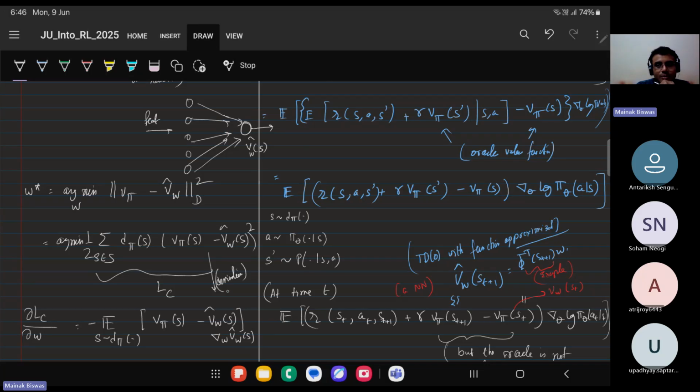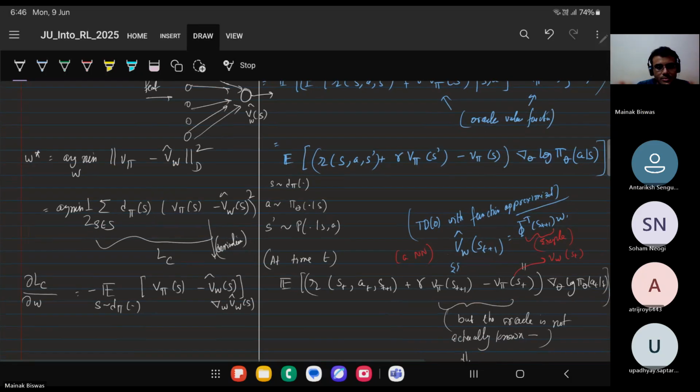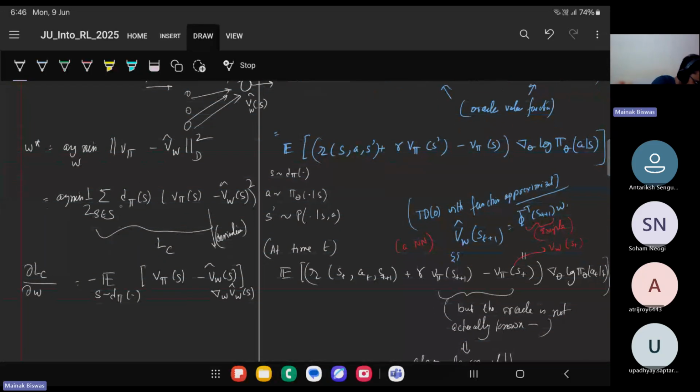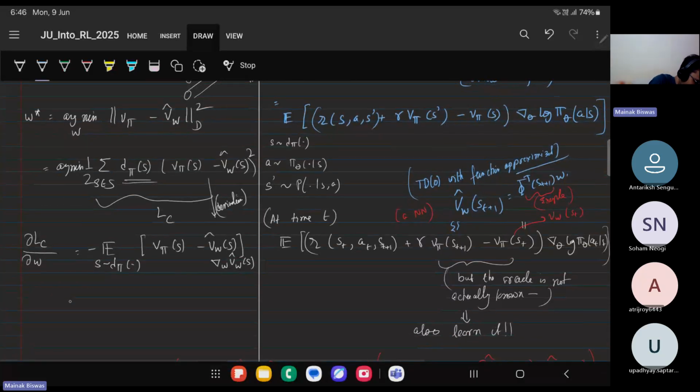So only the inner V_w depends on w. And we will have the same expectation because of the d pi. Very nice. So now once I have this, I can also replace this. We have done this before, same terms, same expectation.